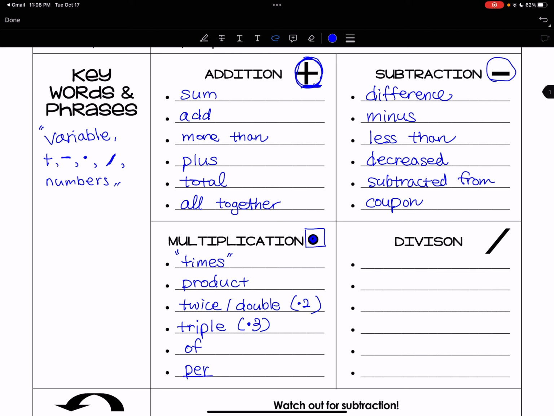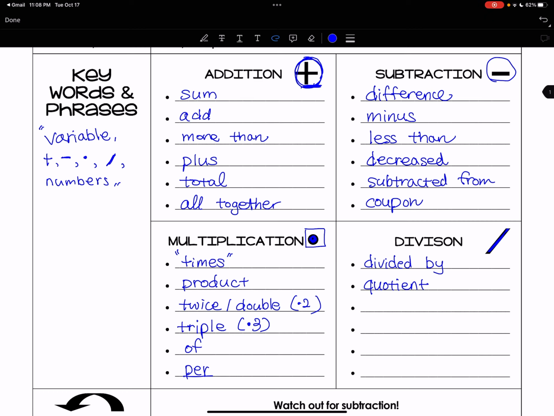And then we're going to talk about now division sign. So when you see divided by, then you're going to use that division sign. And quotient means fraction.